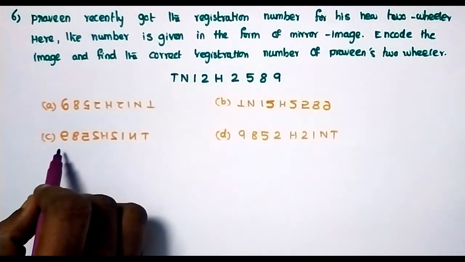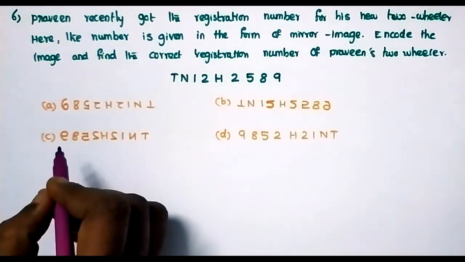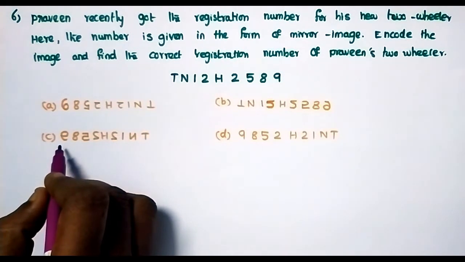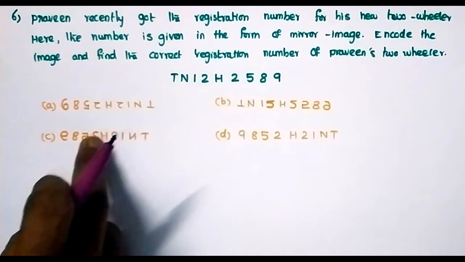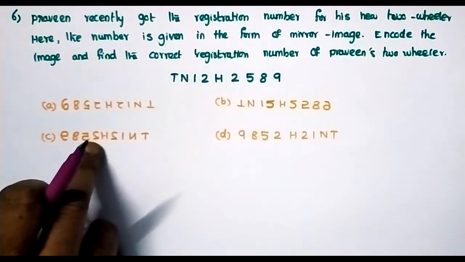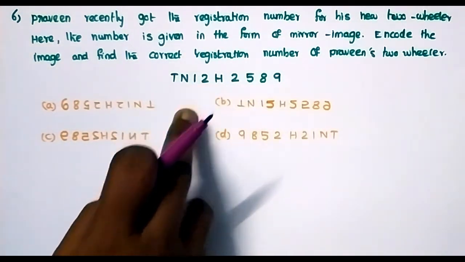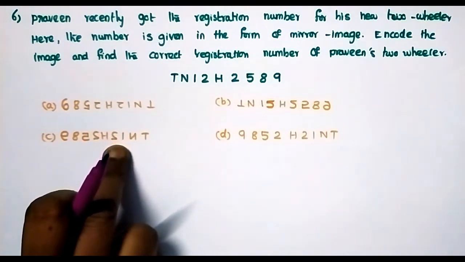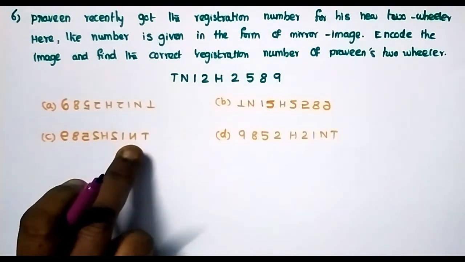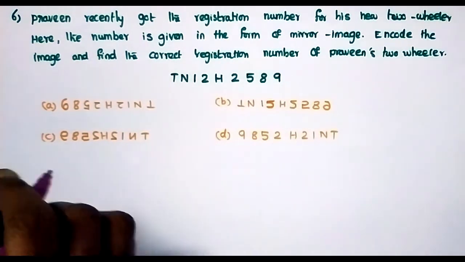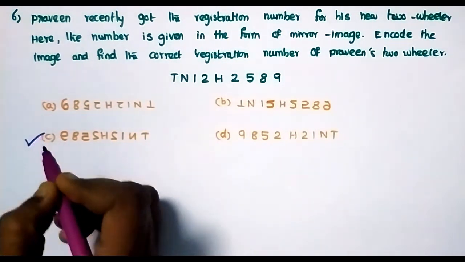But C answer, that is 9 8 5 2 H 2 1 N T. So this one is the correct answer.